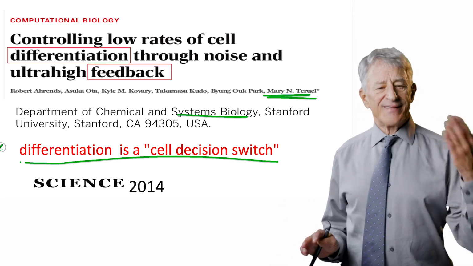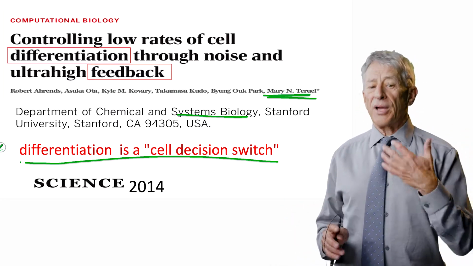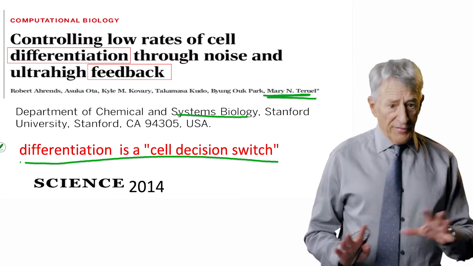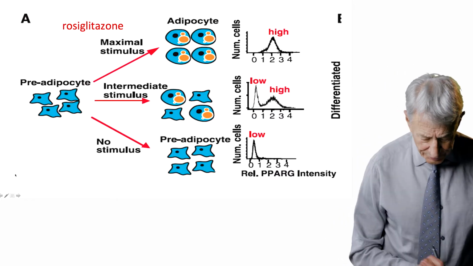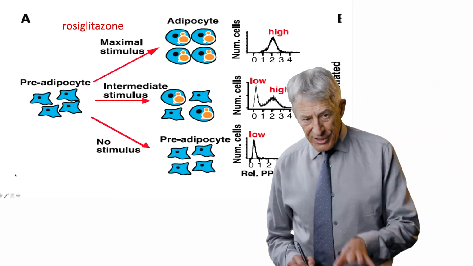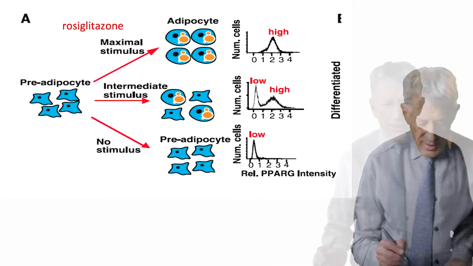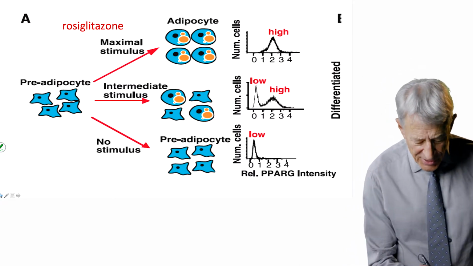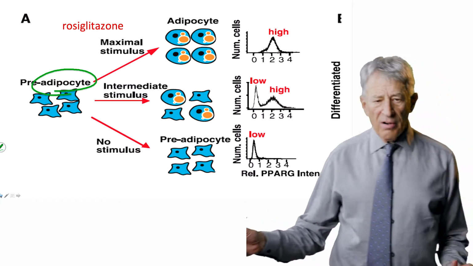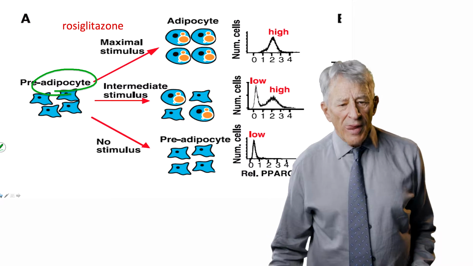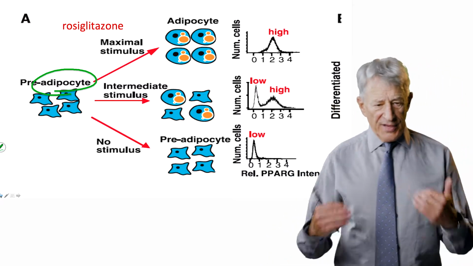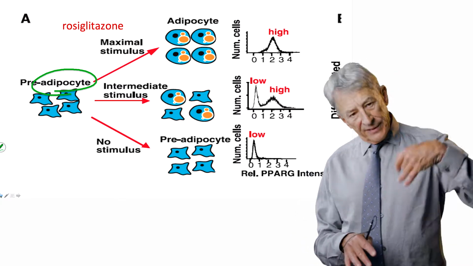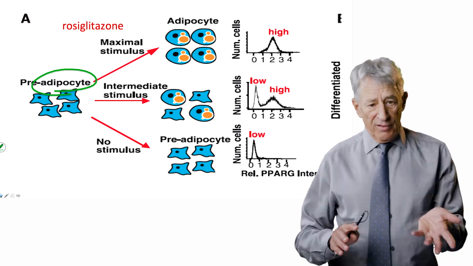The cell decides to become committed, and what are the factors that produce that? So she has this nice diagram. Adipocytes are fat cells. And she's dealing with a pre-adipocyte, that is a pluripotent cell that can commit to being an adipocyte or not.